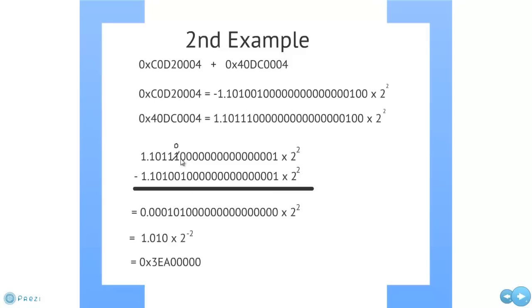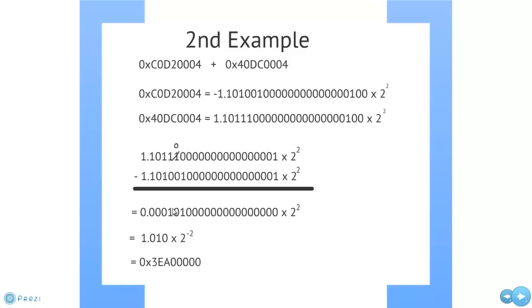And as you can see, for this example, we're going to need to borrow the 1, which means we'll put a 0 in that place. And this expression is going to be 10 minus 1, or you can look at it as 2 minus 1, which is 1. Then the 0 minus 0, which is 0. Then we have the 1 minus 0 is 1, and then the rest of these will become 0.